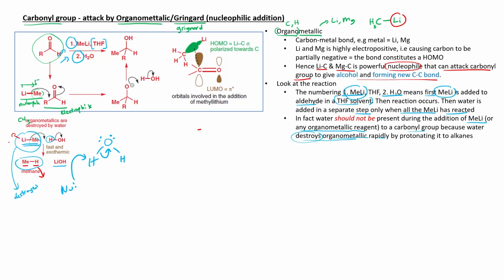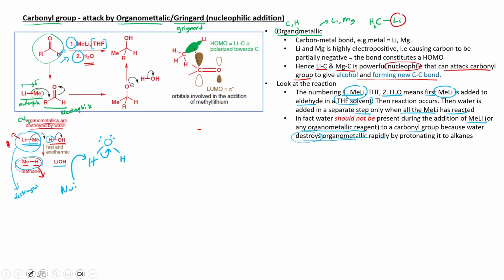So instead of becoming the nucleophile, when the organometallic reacts with water, it turns into this dull methane. So that's why organometallics are destroyed by water, and that's why you need to put water later.